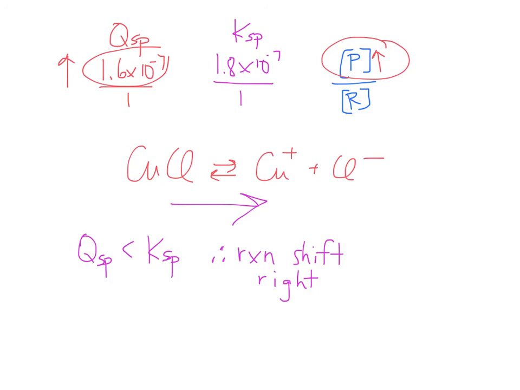Since it's shifting right towards the ions and not towards the precipitate, that means that no precipitate will form, because the reaction is going to be spontaneous in the forward direction instead of the reverse direction.